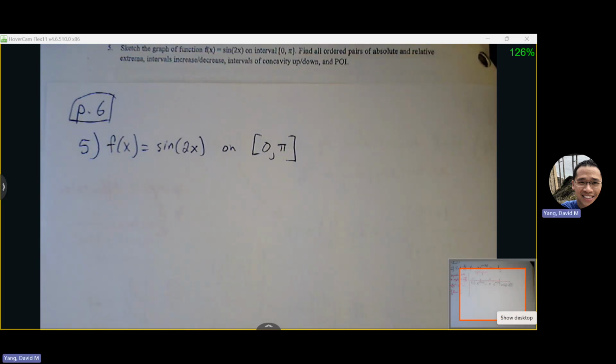Okay, so we find the derivative, set the derivative equal to 0, find our critical points, populate our f prime sign line, fill in our intervals of increase, decrease, and then repeat that same process for the second derivative function, second derivative sign line.